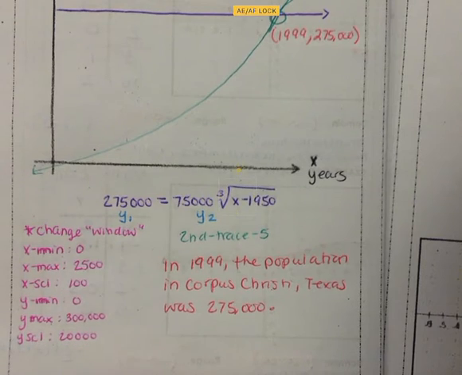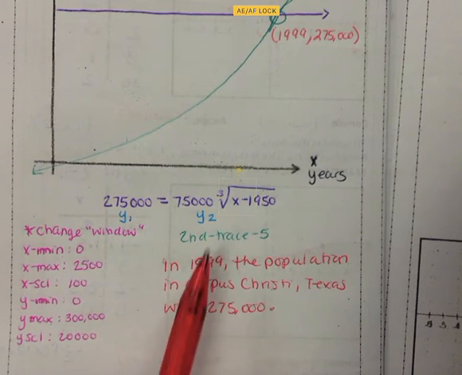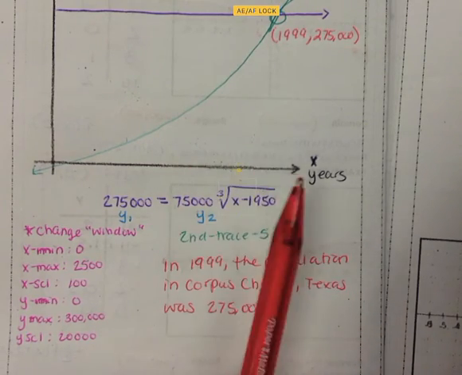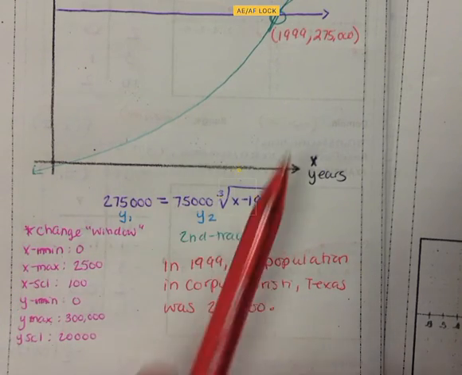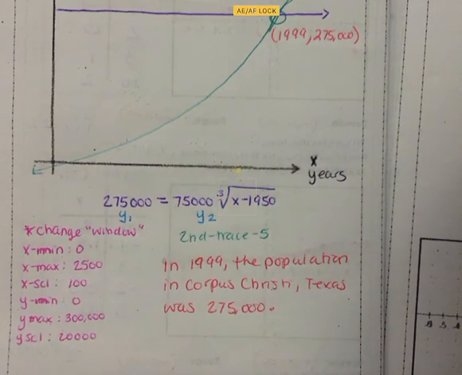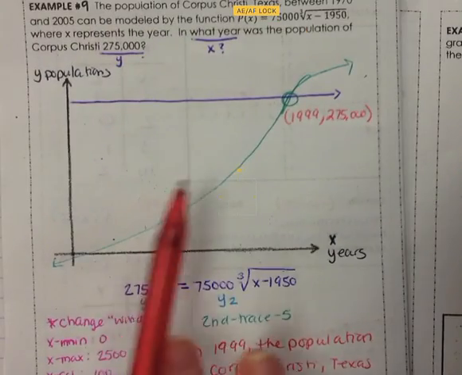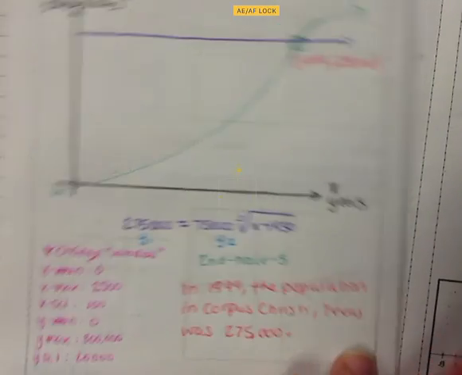Again, that is an approximation as well, because it was 1999 and a little bit of change. That might have been in a different month. It wasn't exactly in the very beginning of 1999. It could have been in like January or February. But you can still find it using second trace 5. It's just really understanding how to use the window. That's what that problem was mainly about.